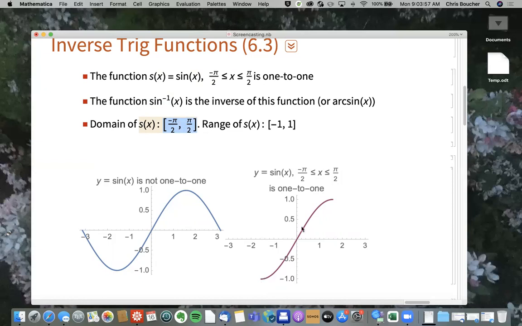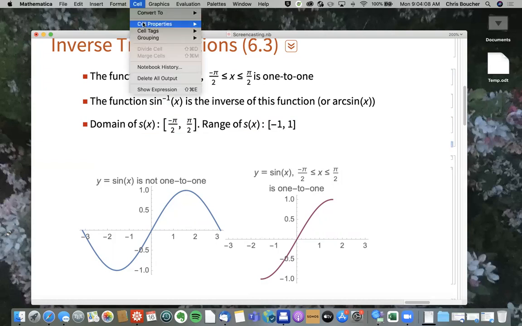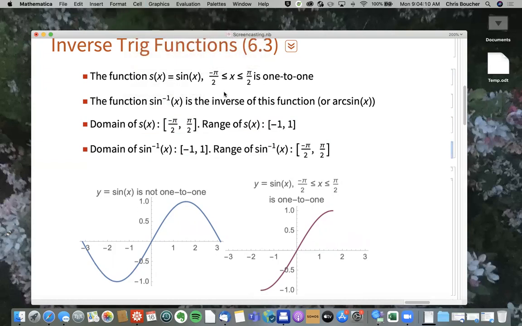And you can see from the graph down here that the function goes from a low of -1 to a high of +1. So the range is the interval from -1 to 1. And that means for the arcsine or inverse sine function, those flip, right? The domain of the inverse is the range of the function, and the range of the inverse is the domain of the function. So you can see that I have just flip-flopped domain and range here.